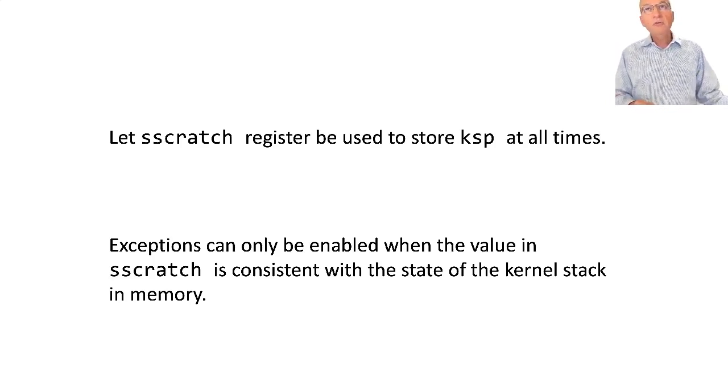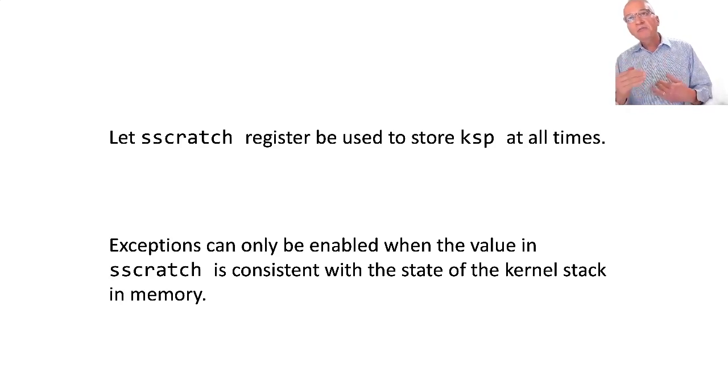So what I have to do when an exception happens: I go into the scratch register, I find out where the top of the stack is right now for my kernel stack. I make a plan for how much space I'm going to need for this handler.